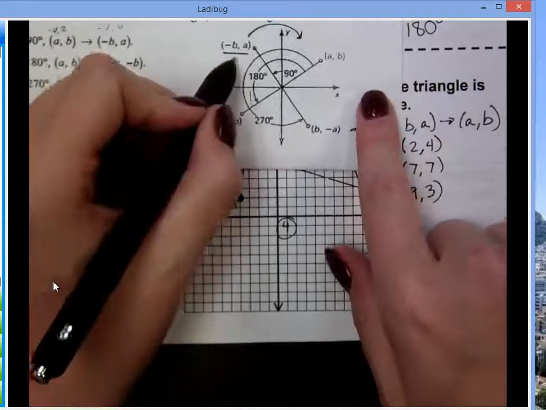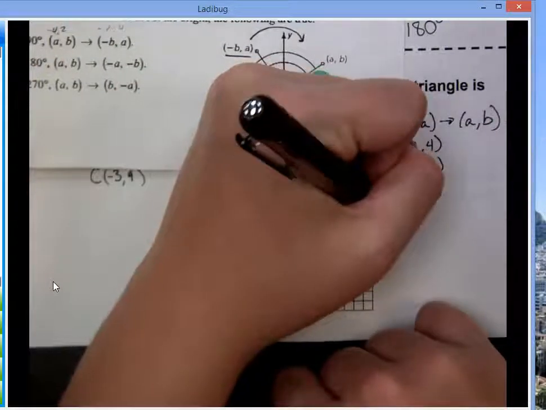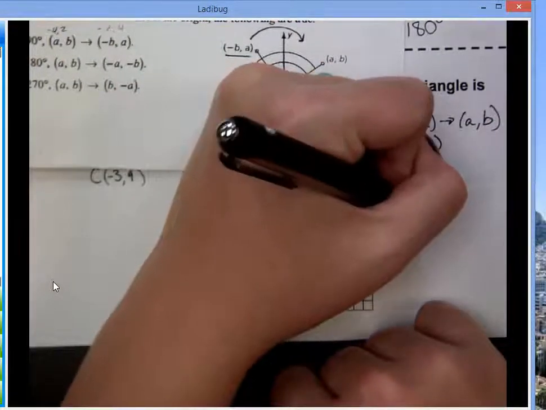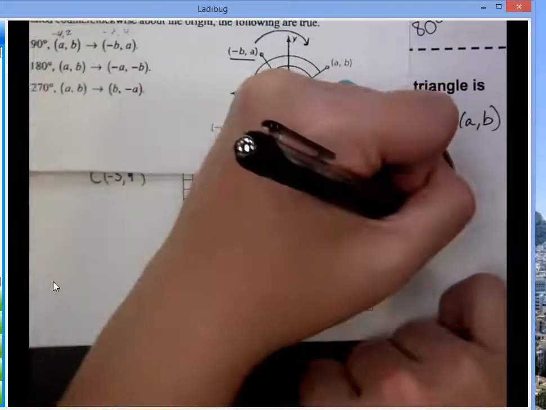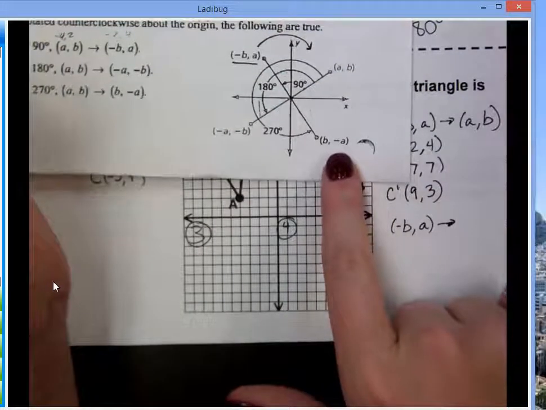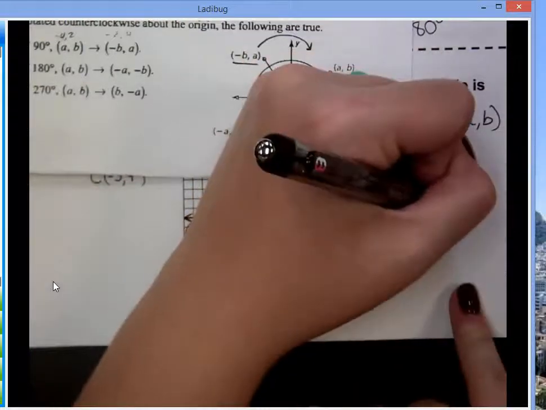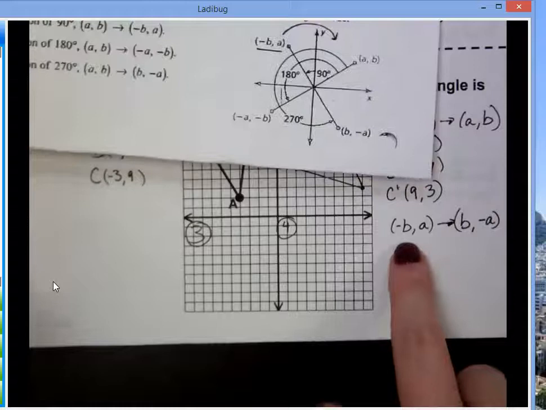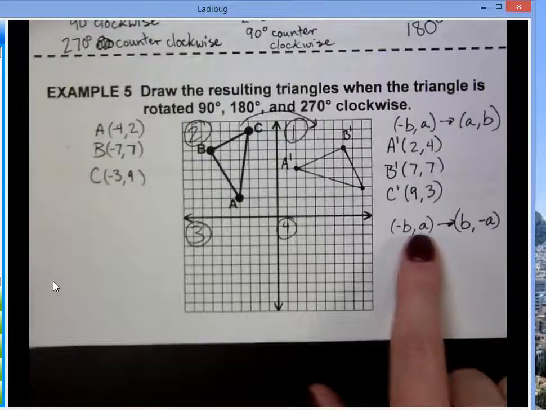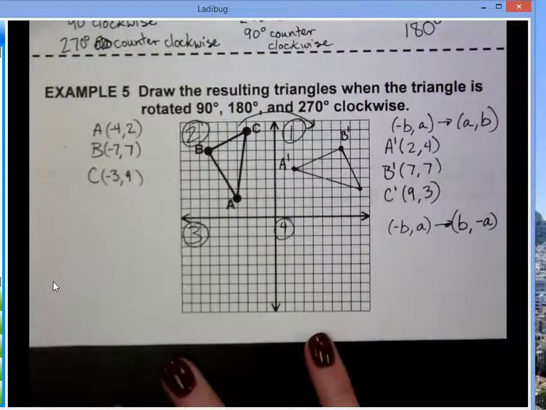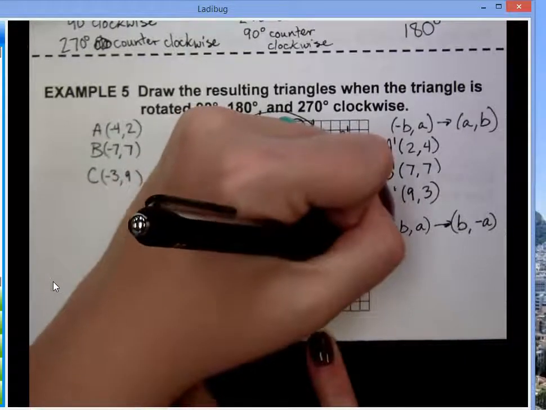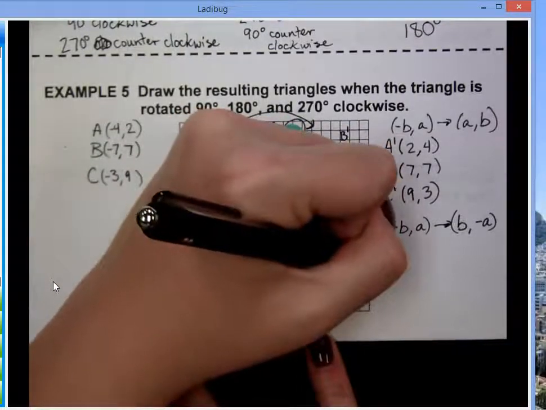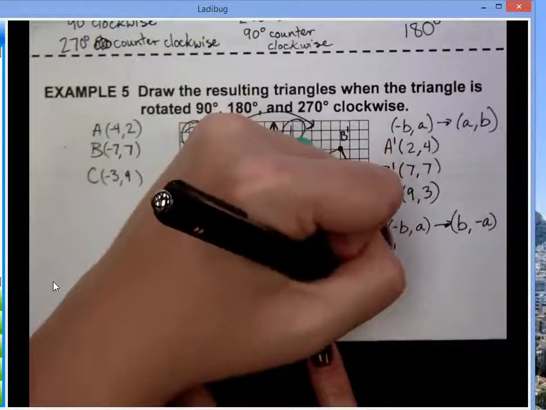We are starting at negative BA, and then we are going to quadrant 4, which would be B negative A. So now we aren't flipping the x and y, we are taking the negative sign from the x value and put it in on the y value. So we're going to call this A double prime, and B double prime, and C double prime.